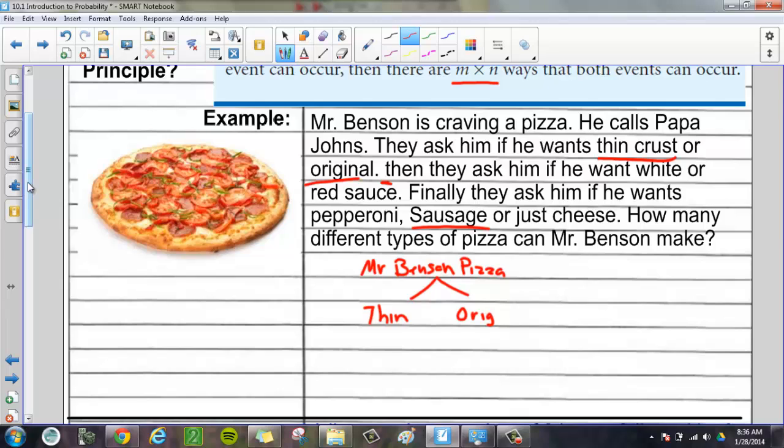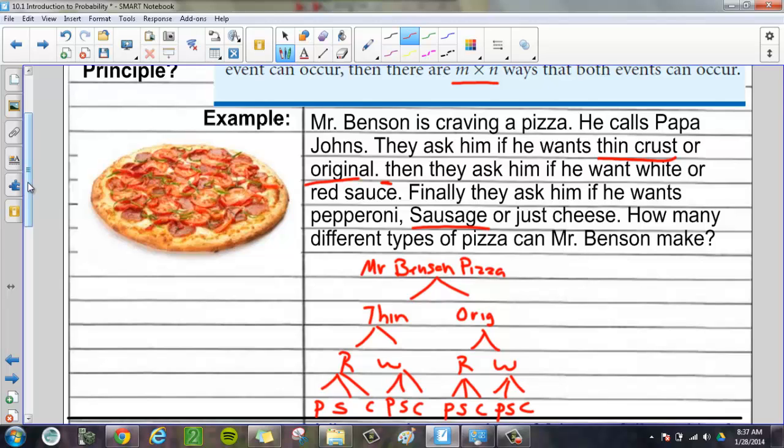And from the thin crust or the original, they have two more options. We got red sauce or white, right? Red sauce or white. And even from here, for red sauce or white and thin crust, we have three different options to put on there: pepperoni, sausage, or cheese. PSC, PSC, PSC, PSC.